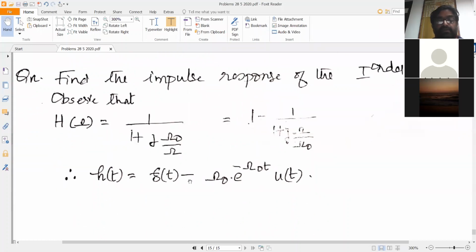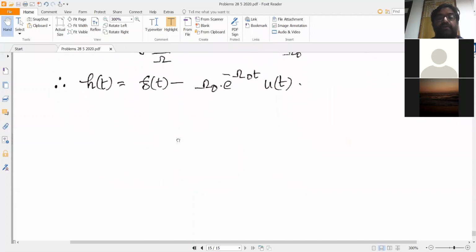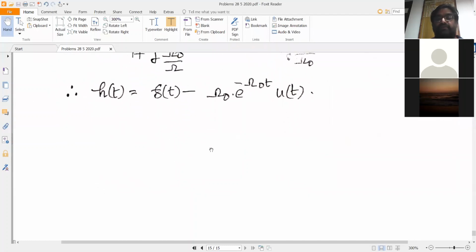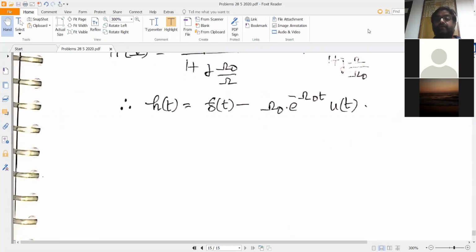So this is minus omega 0 e raised to minus omega 0 t into u of t. So h of t is equal to delta t minus omega 0 e raised to minus omega 0 t into u of t. Okay. Right. So this is the last session on frequency responsive systems.